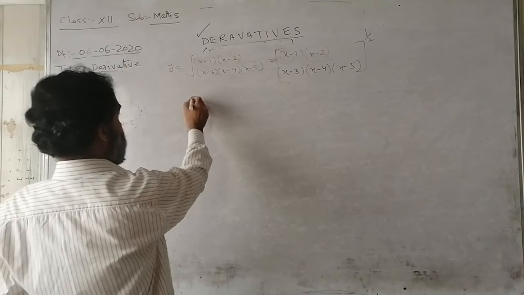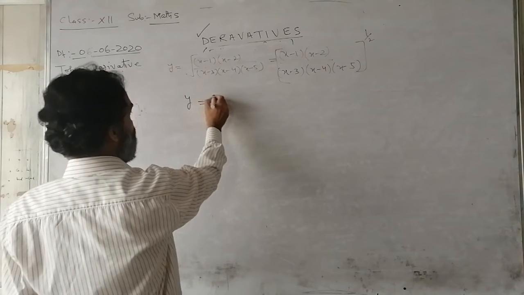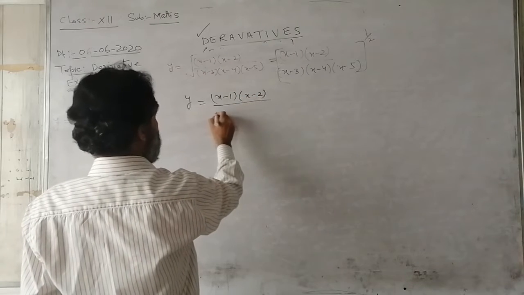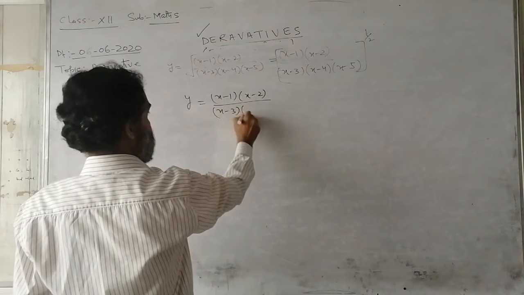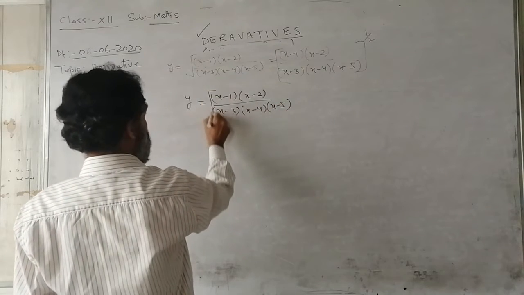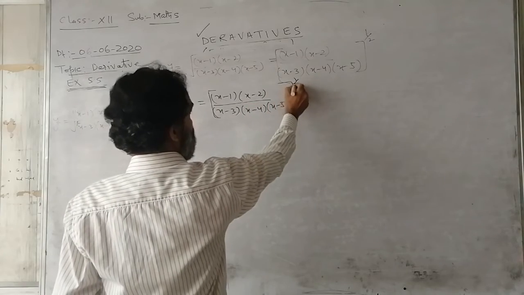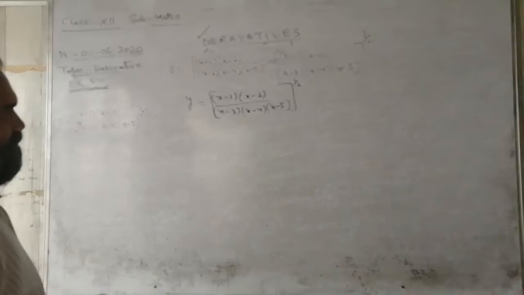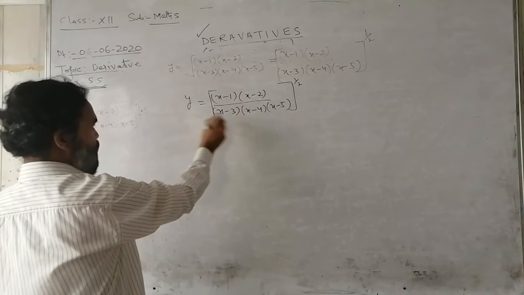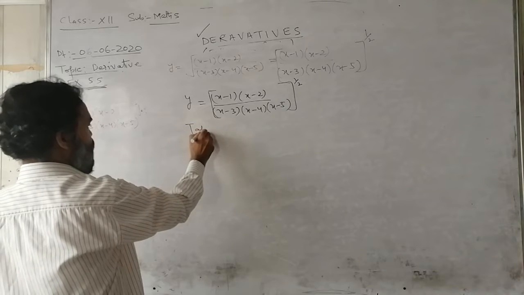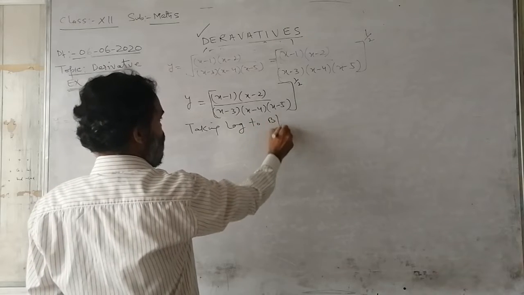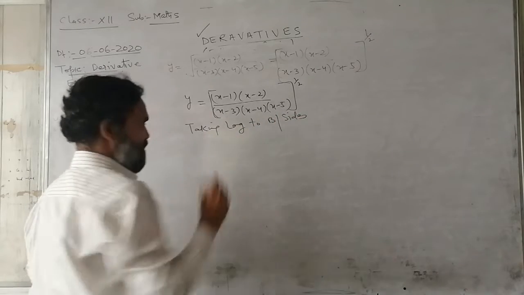So that means y equals (x minus 1)(x minus 2) upon (x minus 3)(x minus 4)(x minus 5), its whole power 1 upon 2. Before differentiating this, let us take log to both sides.